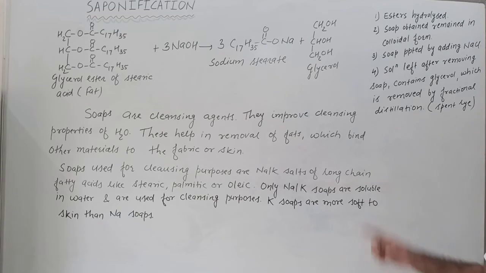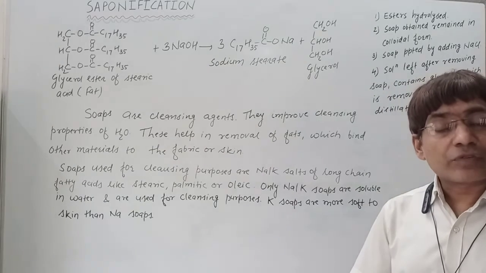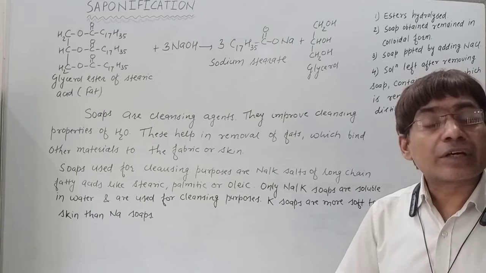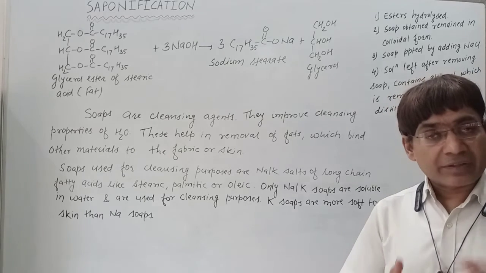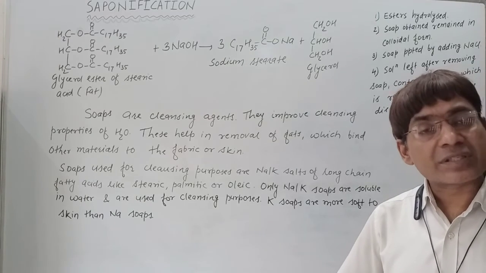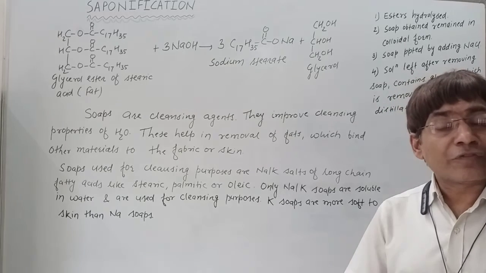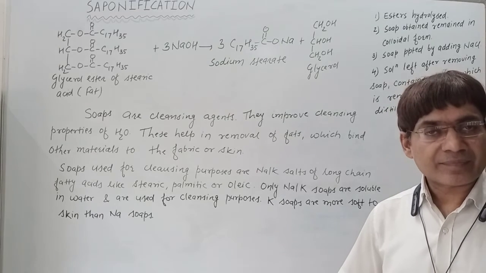Then another characteristic of soap. The fat which is absorbed or which is in contact with the skin or the fabric attracts more dirt on the skin or fabric, whereby the skin or fabric gets more dirty. Fine.